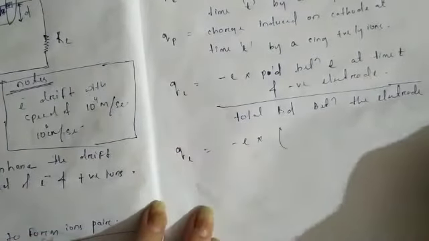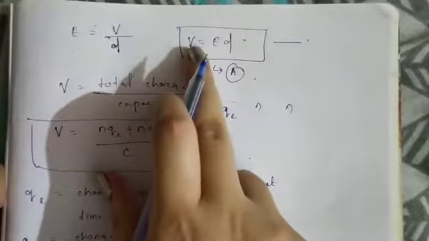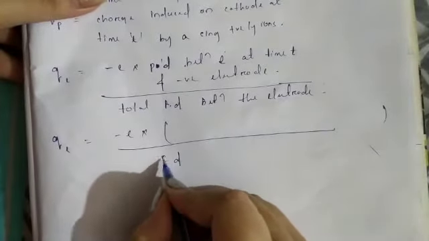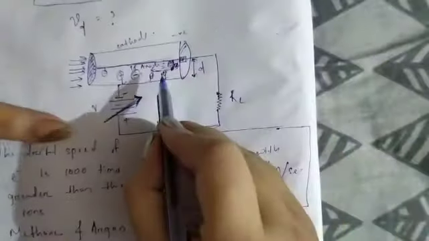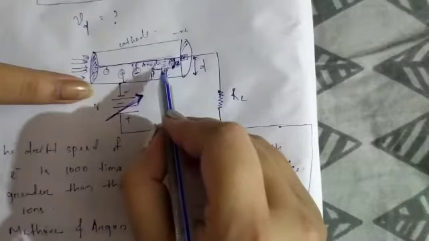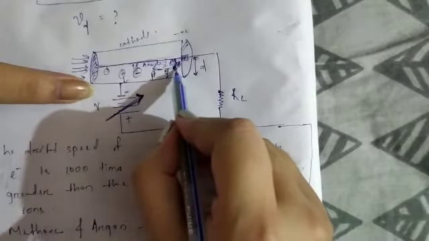So QE is equal to minus e into something divided by the total potential difference between the electrodes, that is V is equal to E d, where V is the total potential difference between the two electrodes. So here we can write E d, and for the potential difference between the electron at time t and the negative electrode, looking at the figure, this is the negative electrode or cathode, and here is the ion or negative charge present.